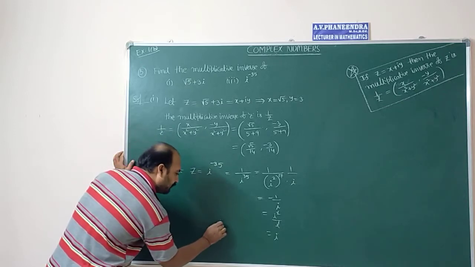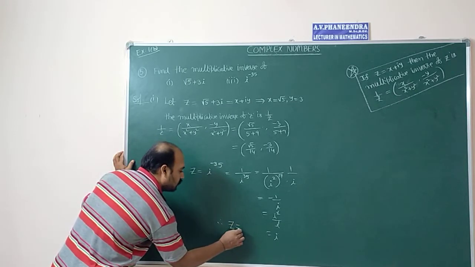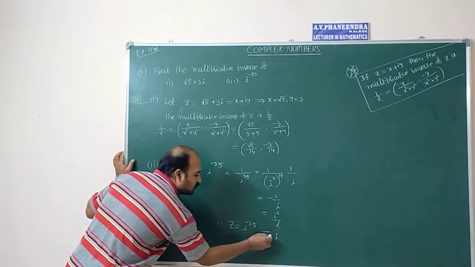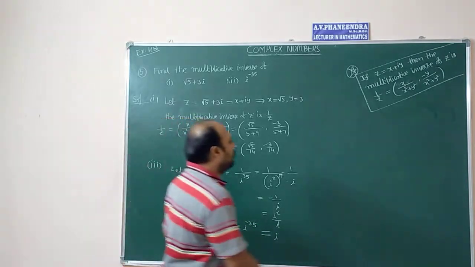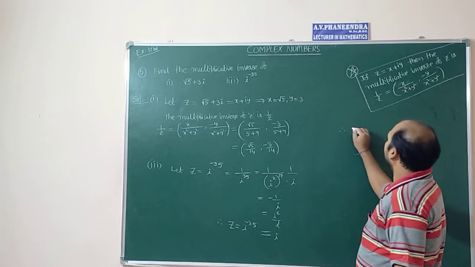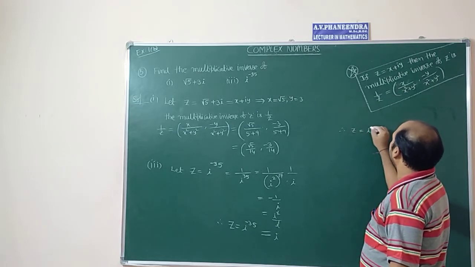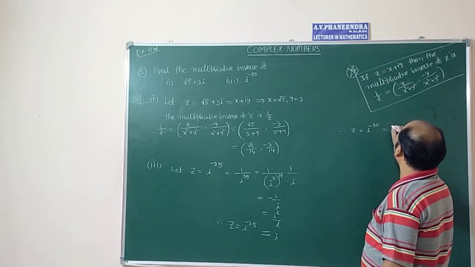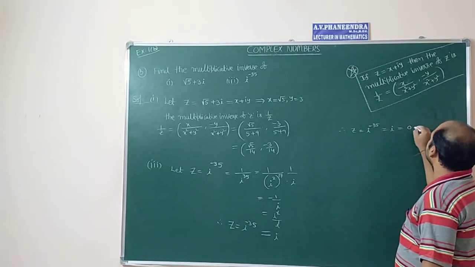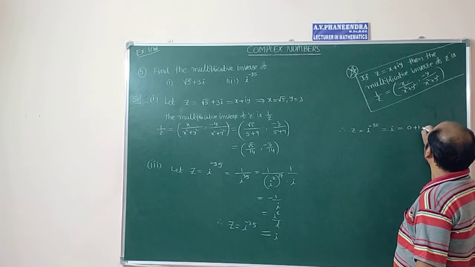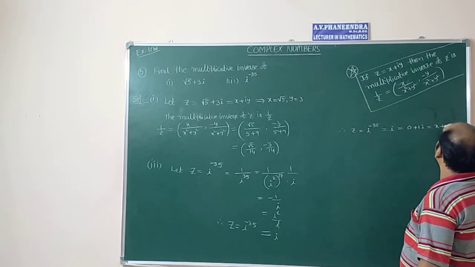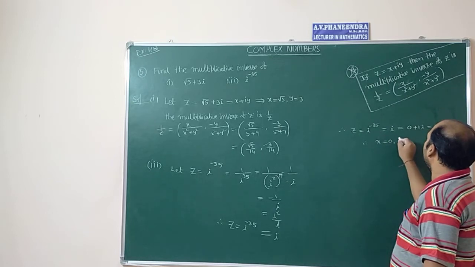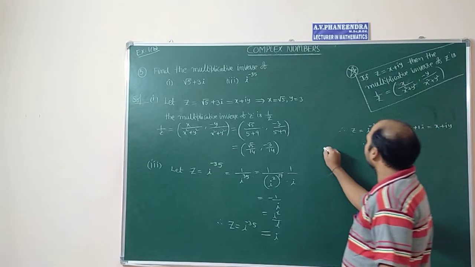Therefore, z is equal to i power minus 35 is equal to i. This can be written as 0 plus 1 into i compared with x plus iy. Therefore, x is equal to 0, y is equal to 1.